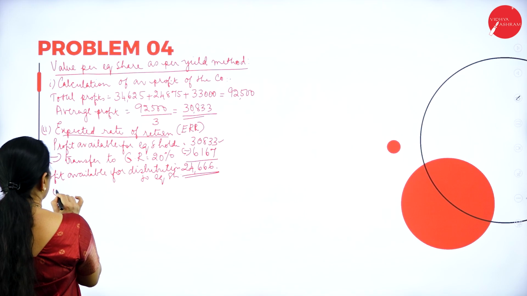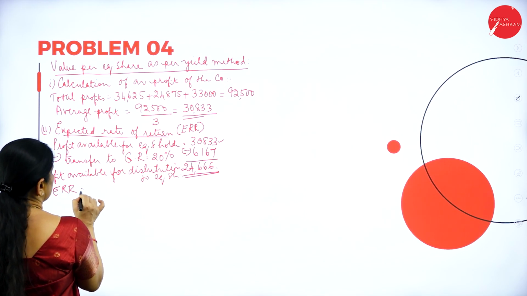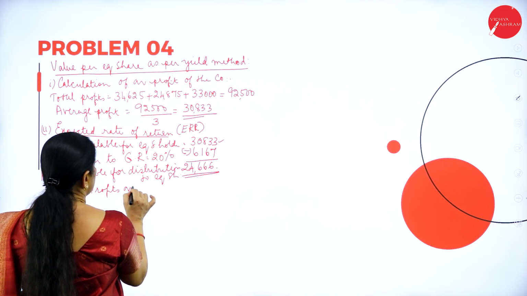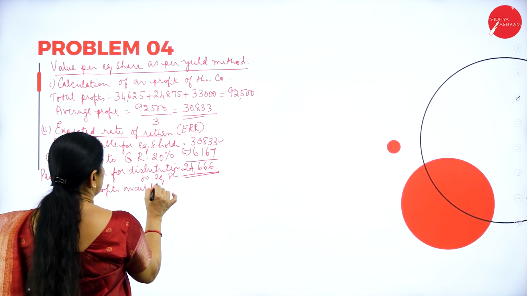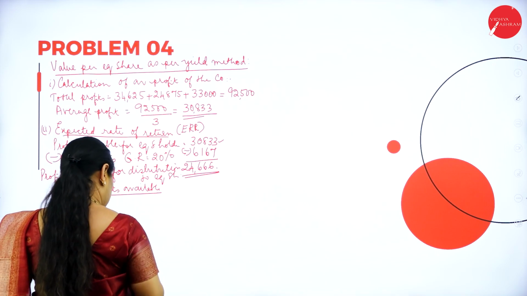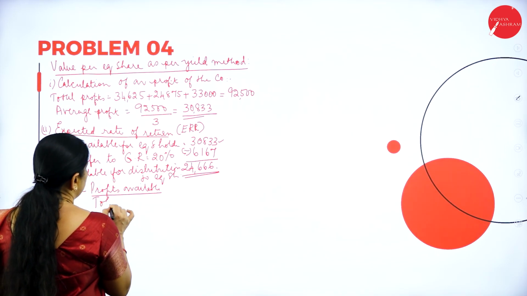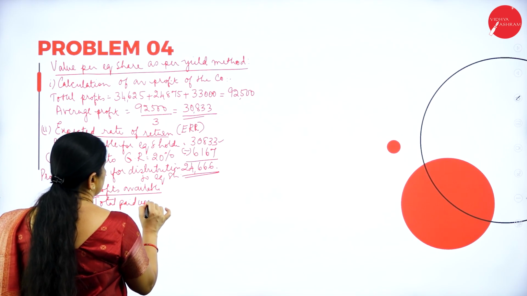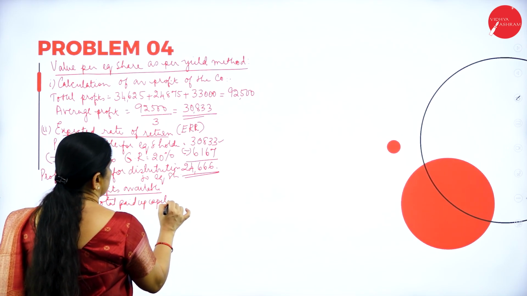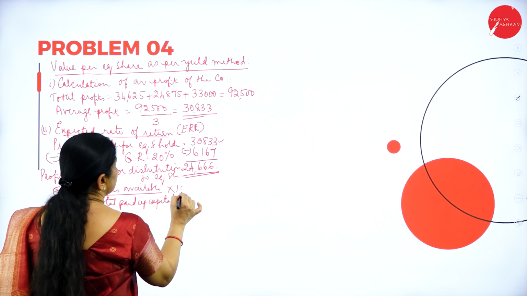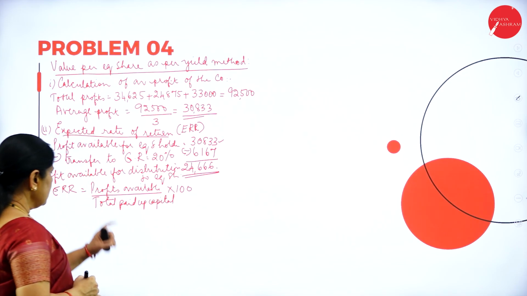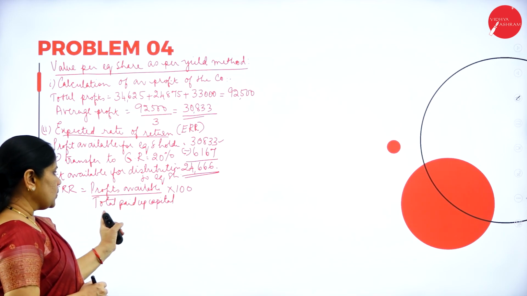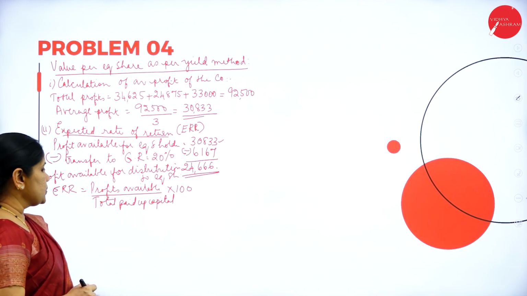So the ERR equals profits available divided by total paid up capital into 100.